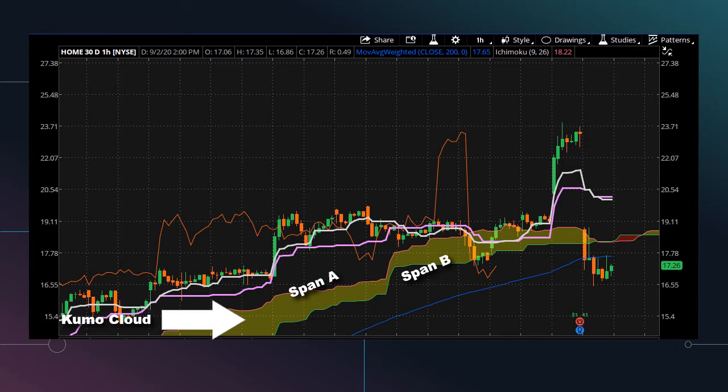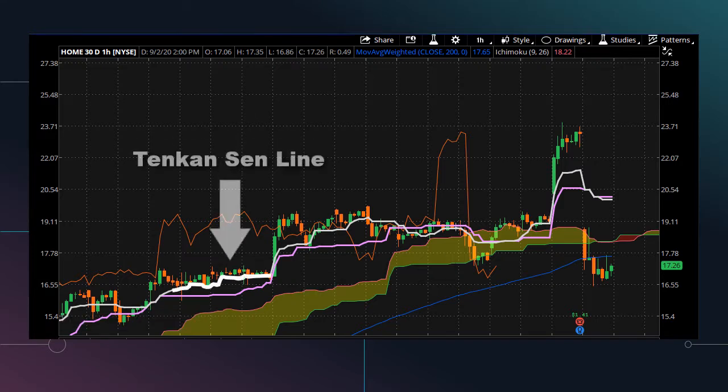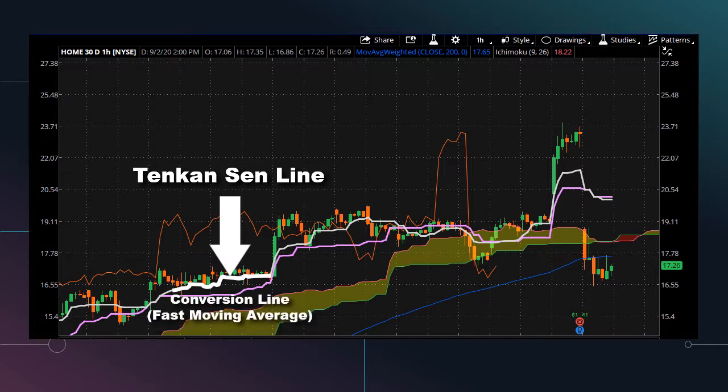Span A is plotted on this chart as a red line, and span B is plotted as a green line. The area between those 2 lines forms the Kumo cloud, or as most people just refer to it, the cloud. The Tenkan-sen line, which is plotted on this chart in white, is sometimes called the conversion line, or just the fast-moving average.